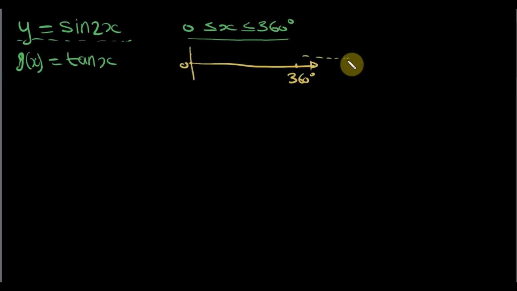If we exceed 360, then we are no longer in the given domain. So all our x values should be less than 360 degrees, and they should start from 0. Okay, hope that makes sense. With that said, let's go ahead and plot this.